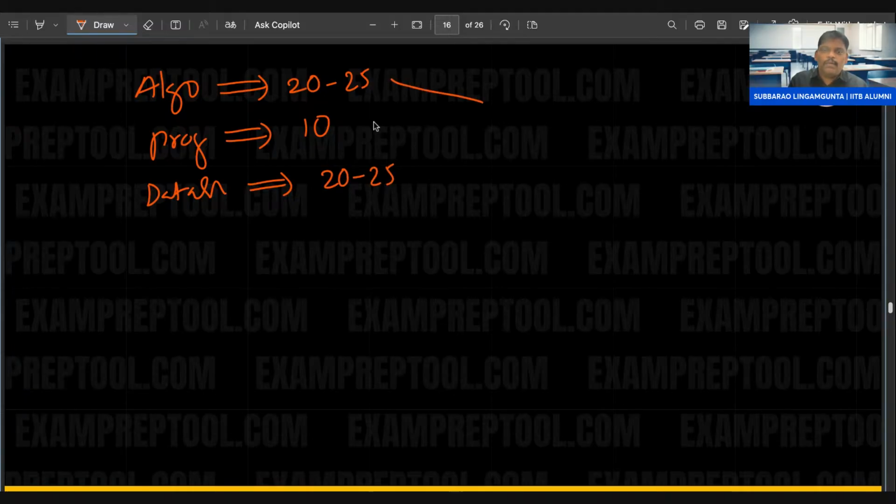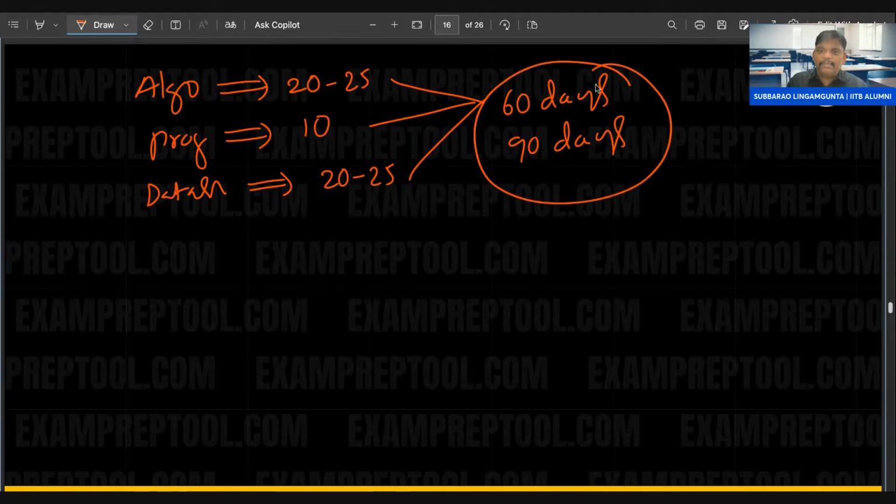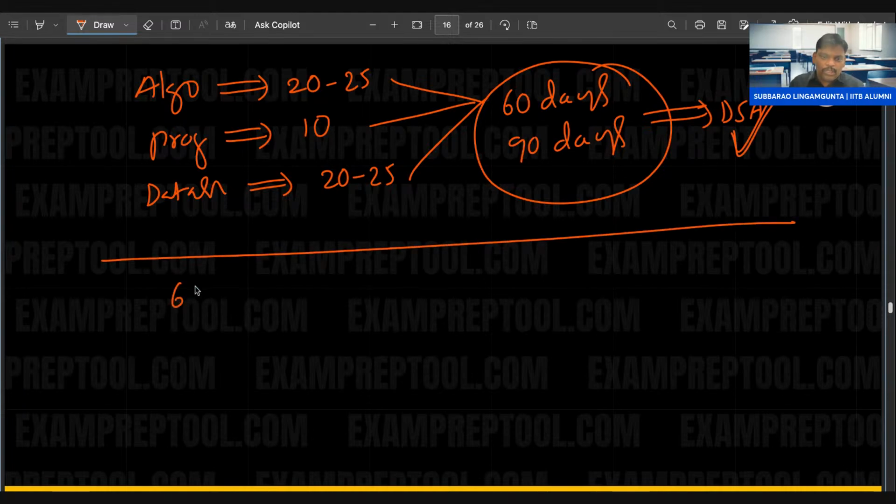So overall, if you observe, 60 days, upper bound 90 days. Within 60 to 90 days, DSA will be over. Next, one more 60 to 90 days.